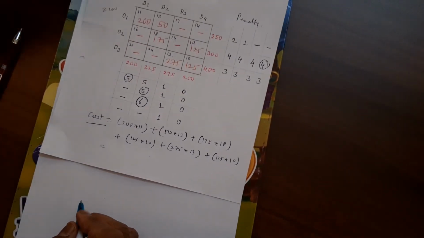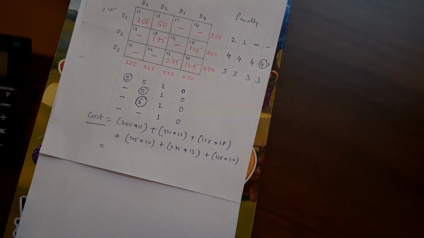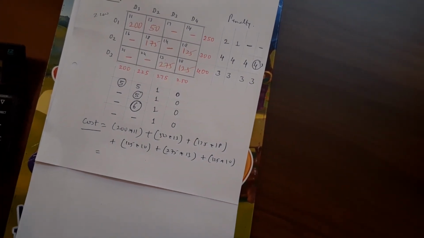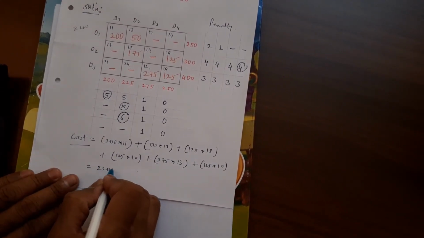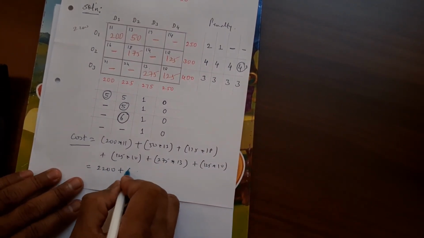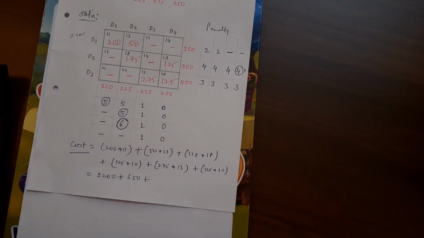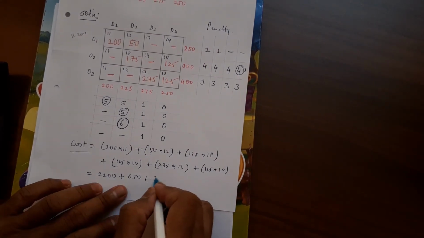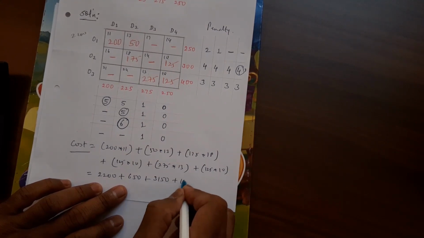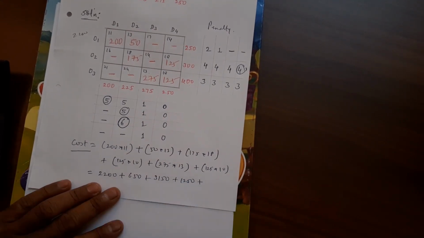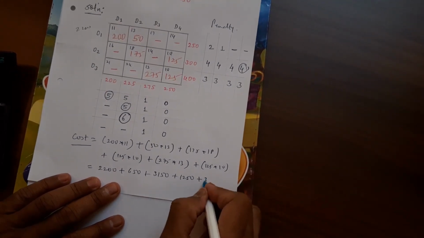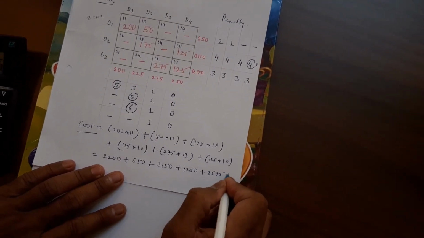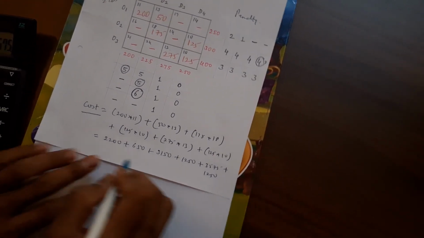Let me do the calculation. So this is 2200 plus 650 plus 3150 plus 1250 plus 3575 plus 1250.